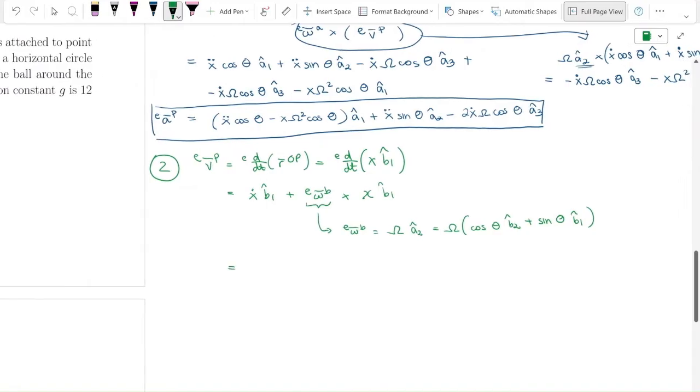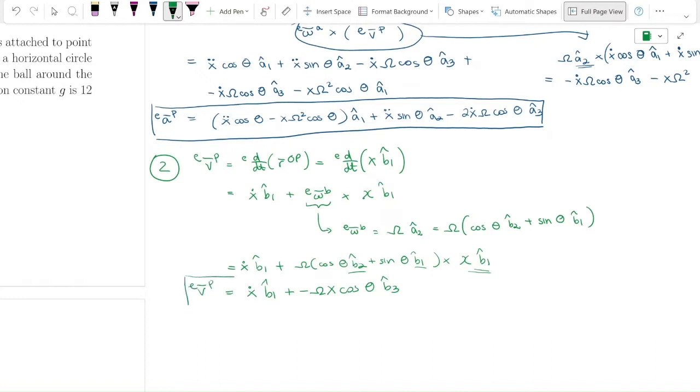And now we can just do our cross product and we get this omega cosine theta B2 hat, so B2 hat cross B1 hat gives us negative B3 hat, and then we have B1 hat cross B1 hat, which is just 0. So this is our final expression for the velocity of point P with respect to the E frame.